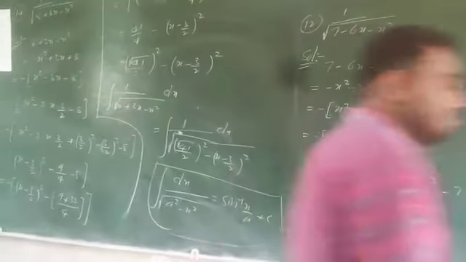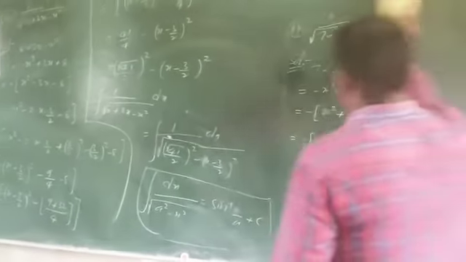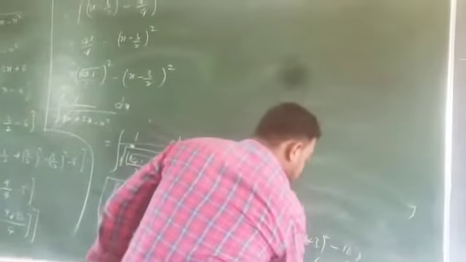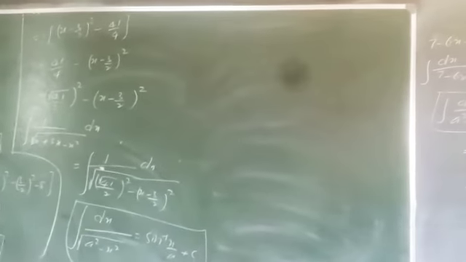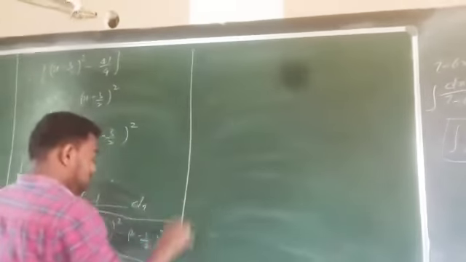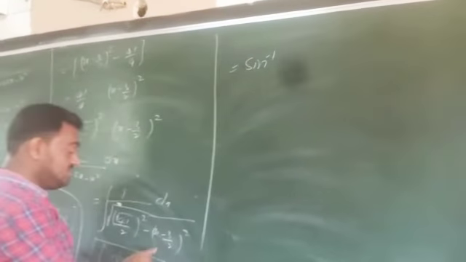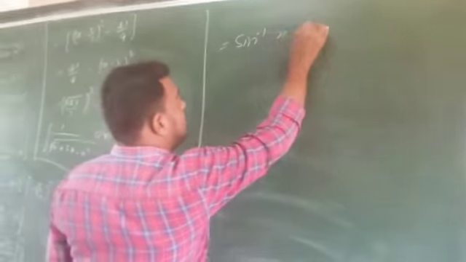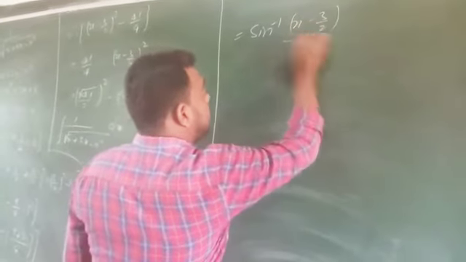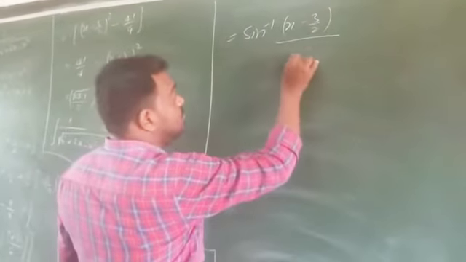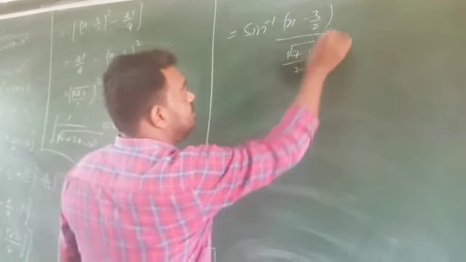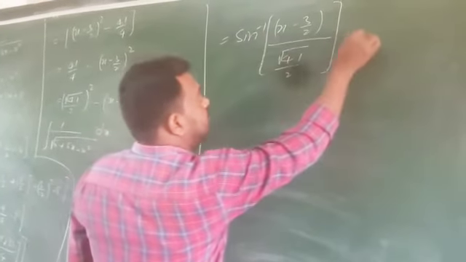So what are we getting? This is equal to sin inverse of x by a, where x is x minus 3 by 2 and a is root 41 by 2, plus c.